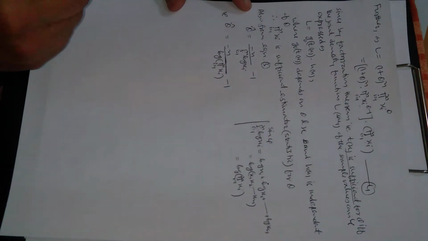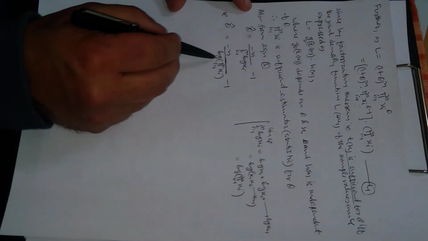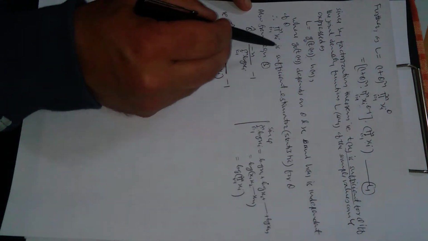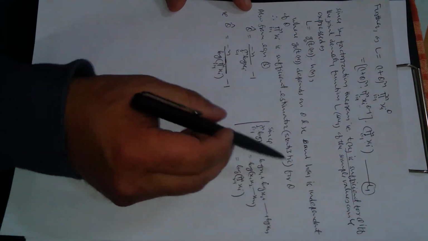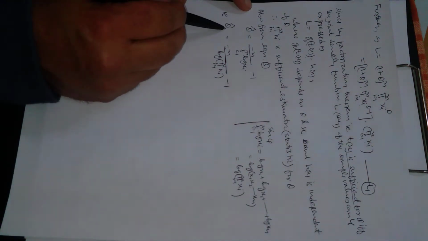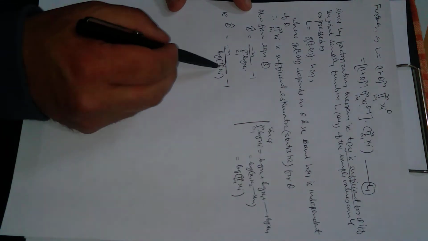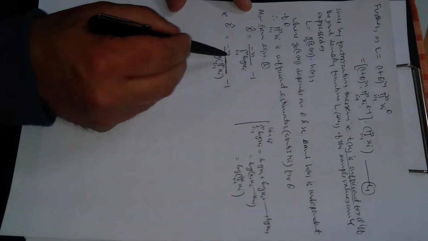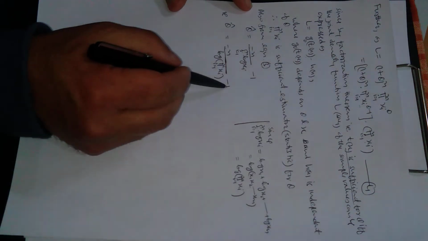So what we are getting is that n is constant, 1 is constant, and the product of xi is a sufficient statistic or estimator for theta. So theta cap is also a sufficient estimator for theta, because it depends directly on this one, and everything else is constant.